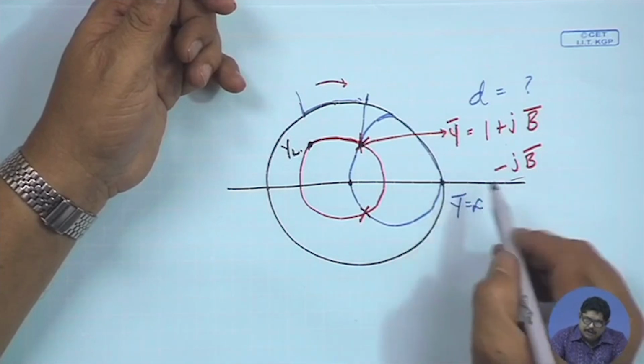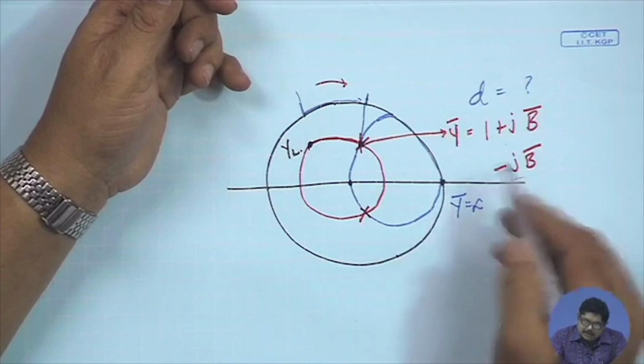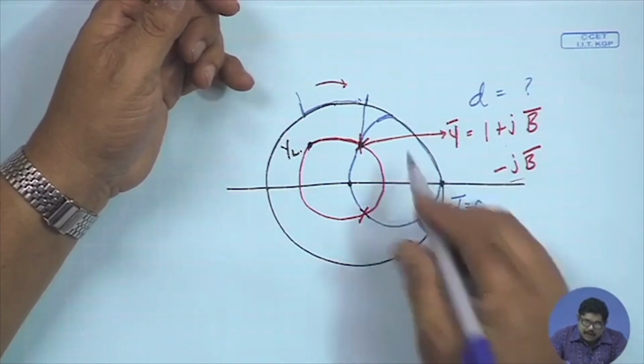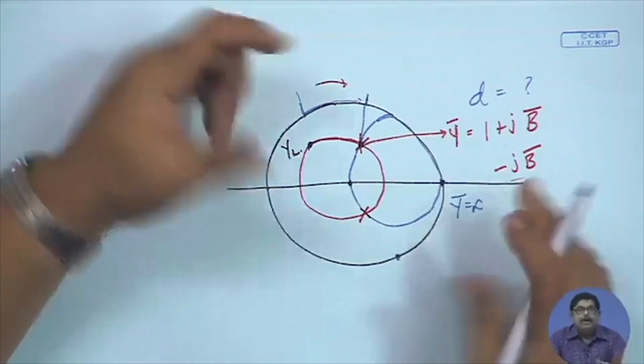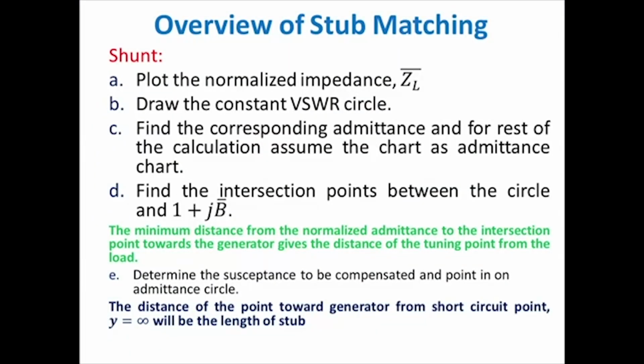From here, now find out where your minus jB is. So, this much length, again reading from the periphery, you can find out what is the length of the stub. All the steps are given here, whatever we have learned from the Smith chart, you can just follow these steps.